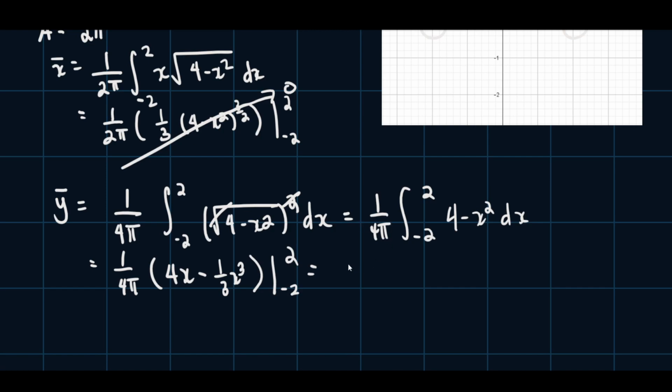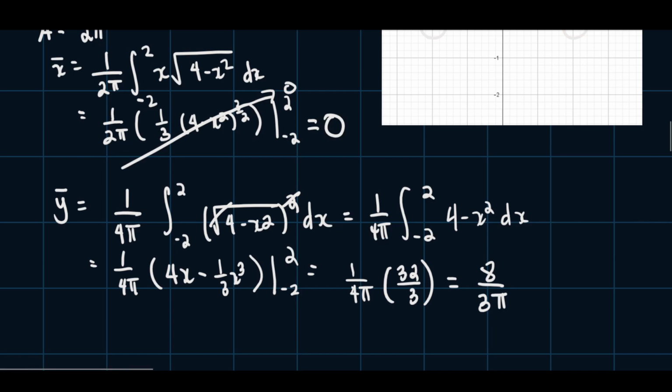Performing this correctly, we have 1 over 4 pi times 32 over 3. Simplifying, we have 8 over 3 pi. To make this clearer, the x-coordinate is equal to 0. So our center of mass for this semicircle is located at the point 0, 8 over 3 pi.